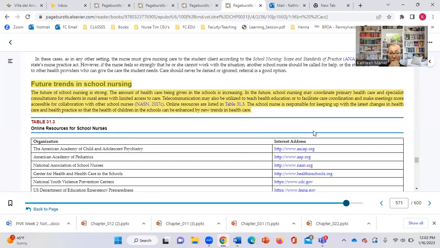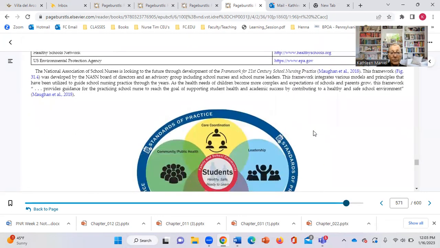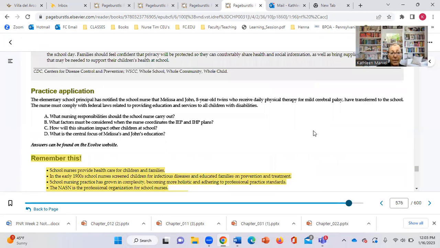I think part of the future is telecommunication, telehealth, and online resources. We are using lots of online resources through NASN, the National Association of School Nurses.